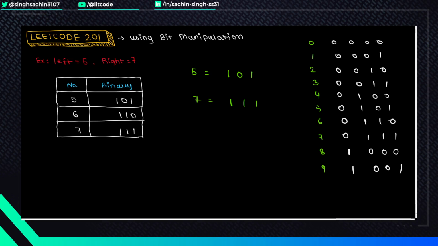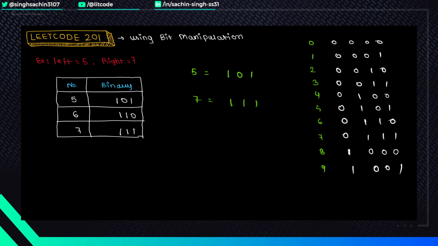If you observe this, you will find a pattern that in every half, like this one, we have the same prefixes.